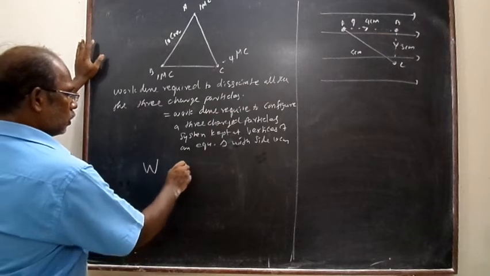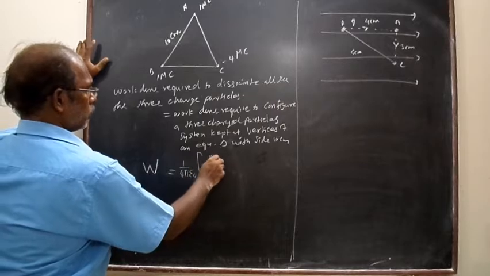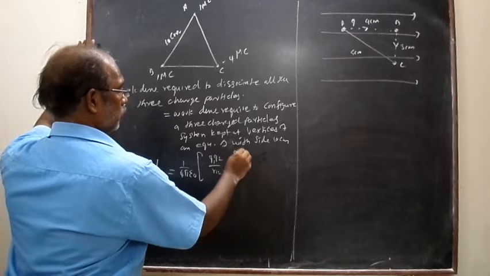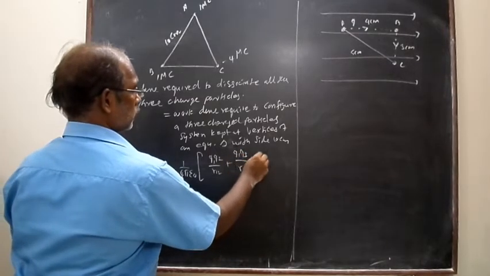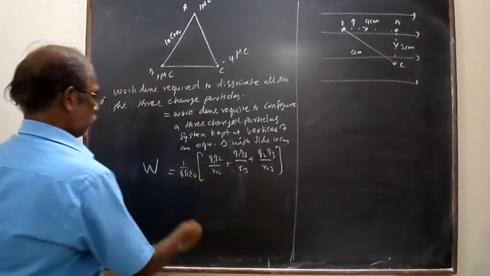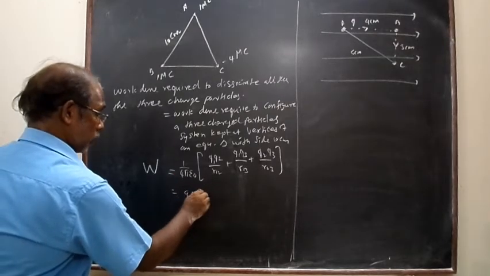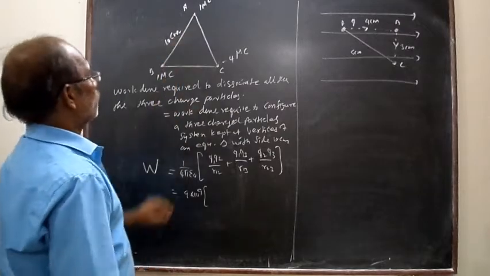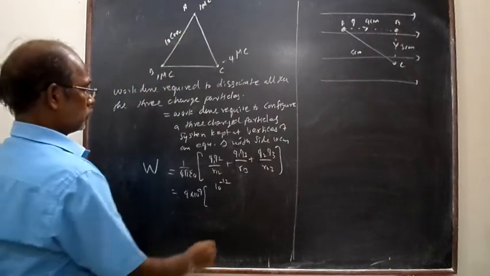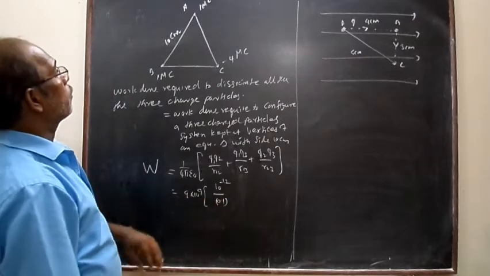U equals 1 by 4 pi epsilon naught times q1 q2 by r12, plus q1 q3 by r13, plus q2 q3 by r23. From the data, 9 into 10 power 9, q1 into q2 is 10 power minus 12, divided by the distance 10 centimeter, in meter 0.1 or 1 by 10.